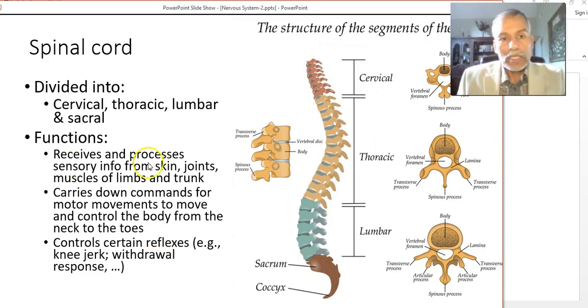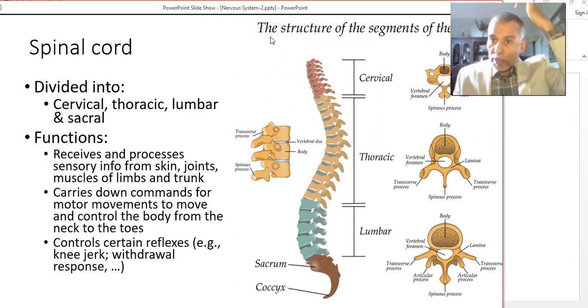So it receives and processes sensory information from the skin, from the joints, from the muscles of the limbs, and from the trunk. All of this information goes up to the brain. And then all the information about movement originates here. You have a plan, you have a structure.